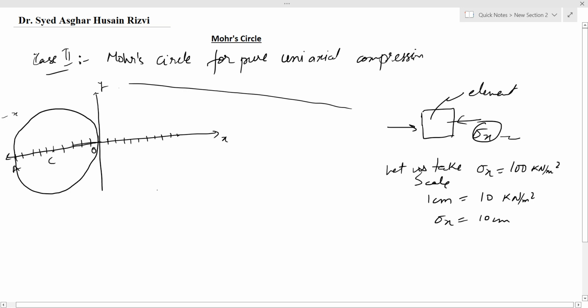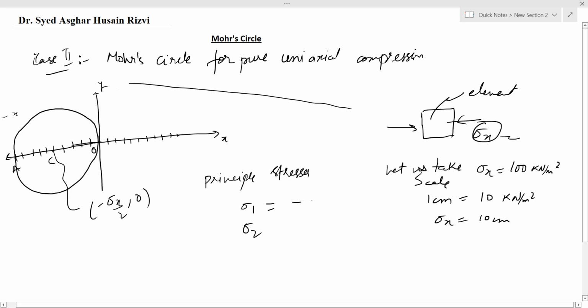Here the coordinates of center are minus sigma x by 2, comma 0, and we know the principal stresses sigma 1 and sigma 2.